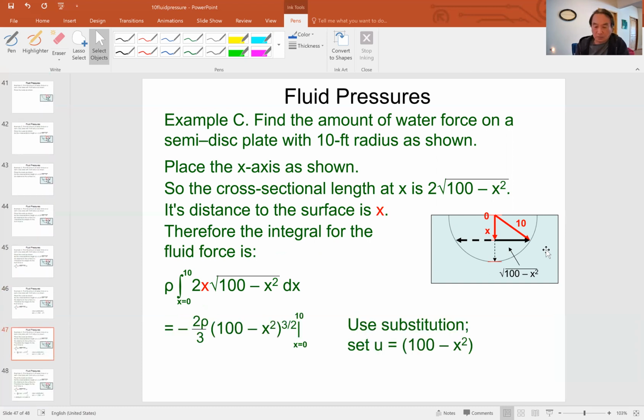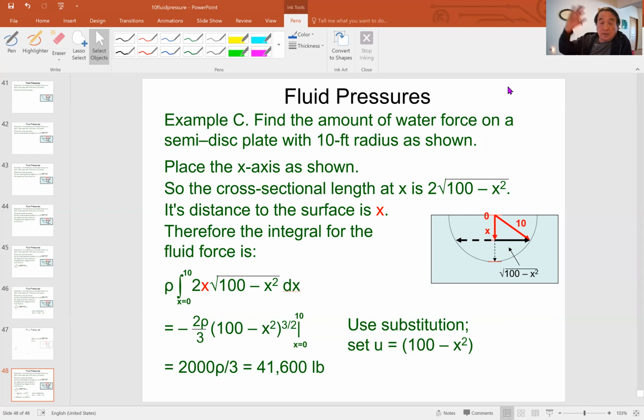This one requires substitution to finish the problem. All these things we did, from area up to this point, volumes, work, fluid pressures, and volumes of spinning solids, require cross-sectional thinking. So we will review that later.